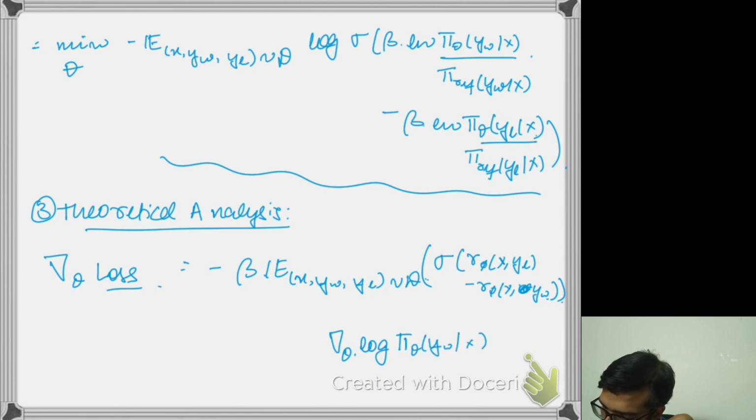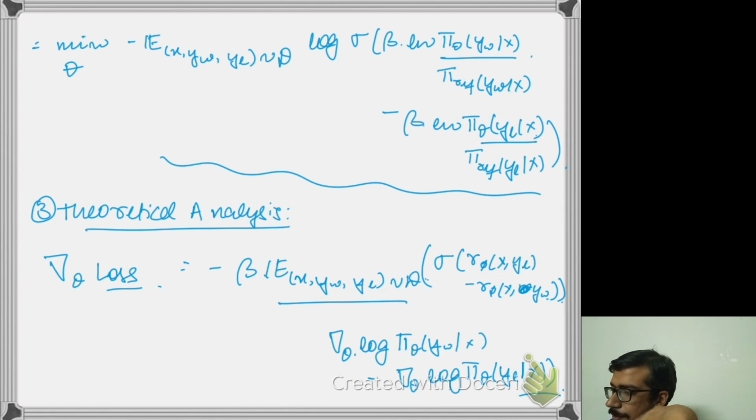Okay. This much times the gradient with respect to theta of log of pi theta y w given x minus gradient with respect to theta of log of pi theta y lose given x. Okay.